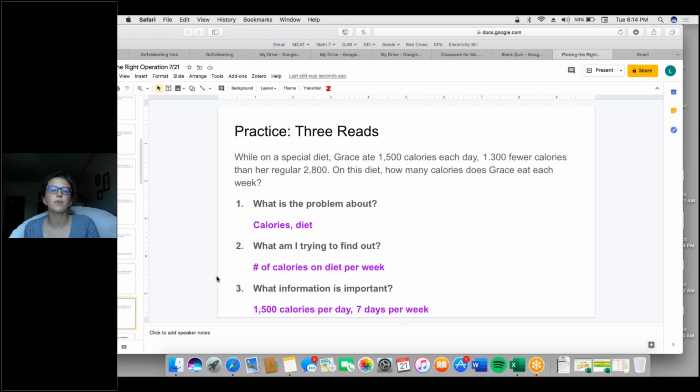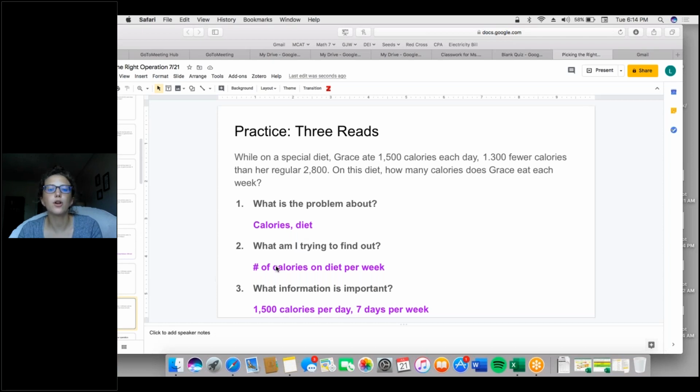And then lastly, I'm going to go back and be a detective and look for what information is important to find that. So I read it one more time. While on a special diet, Grace ate 1,500 calories each day, 1,300 fewer calories than her regular 2,800. On this diet, how many calories does Grace eat each week?